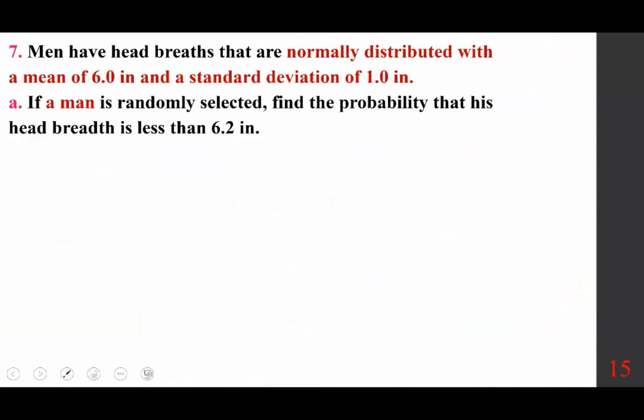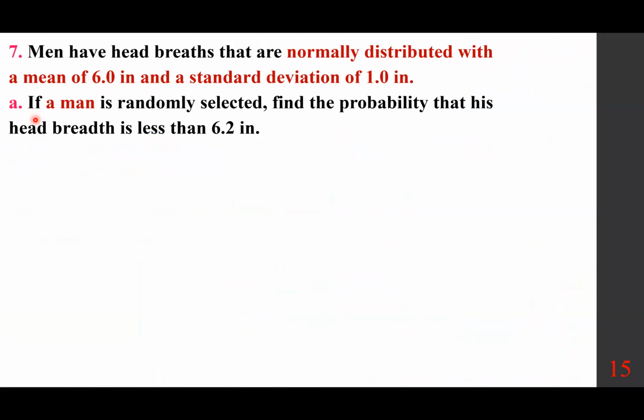Could somebody read this question, please? Men have head breadths that are normally distributed with a mean of 6 and a standard deviation of 1 inch.